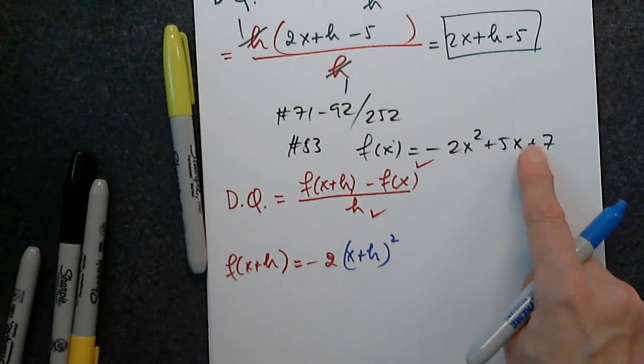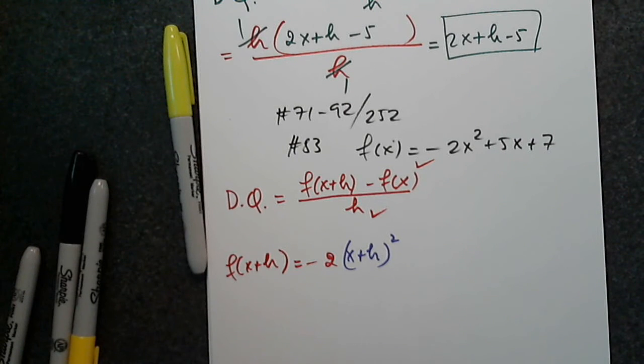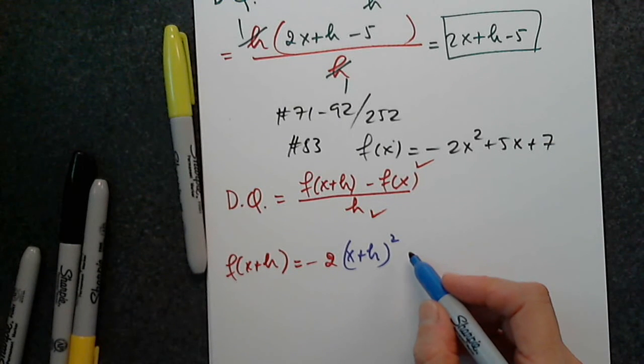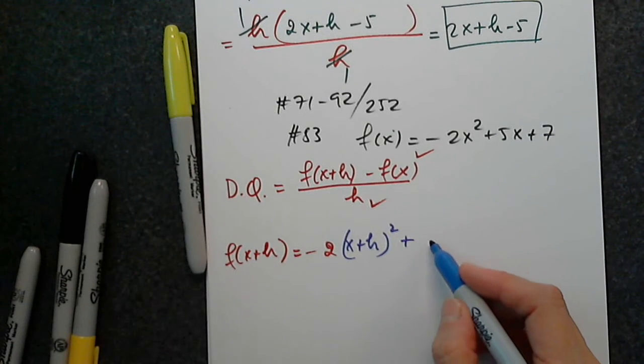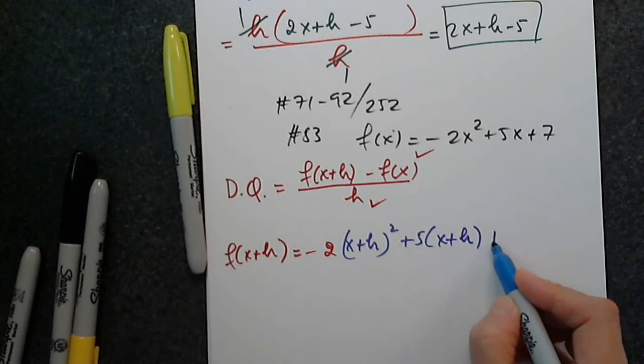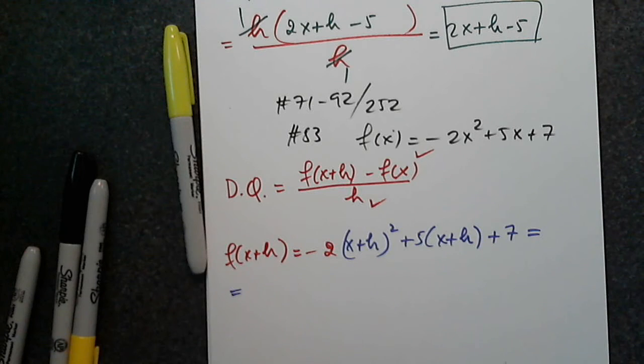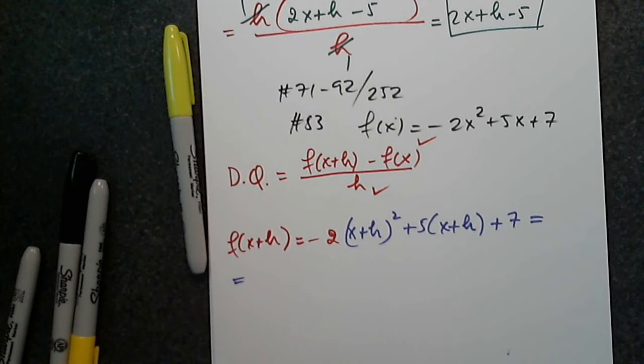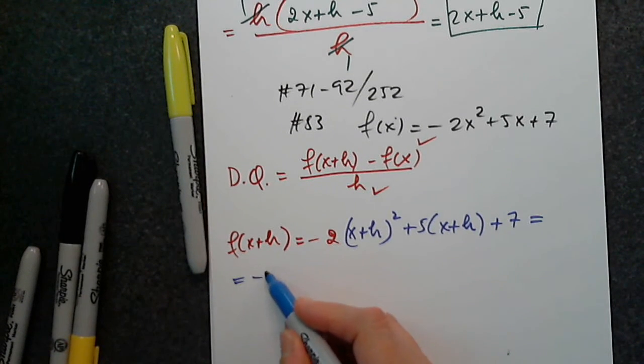So I have to have x plus h. I have to have x plus h. Extra step, okay. Plus 7. So then negative 2.